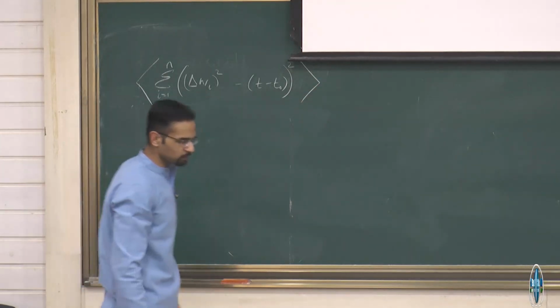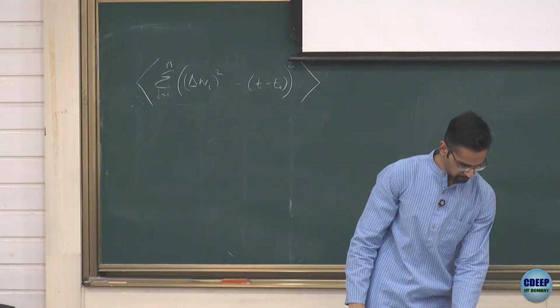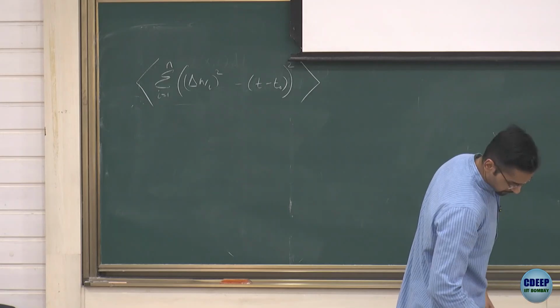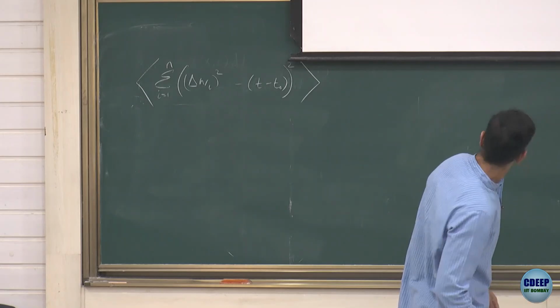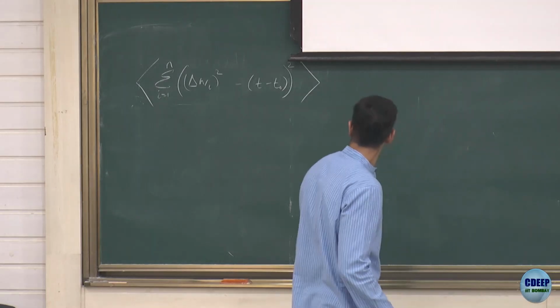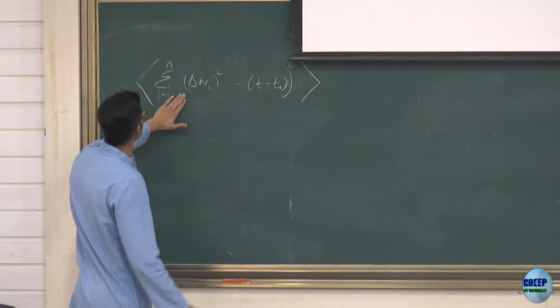I removed the by 2, but anyway it doesn't matter. Sir, was the summation inside the square or outside the square? Sorry, correct, inside this.